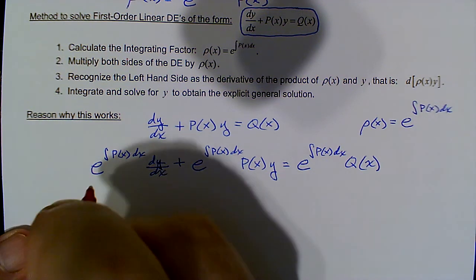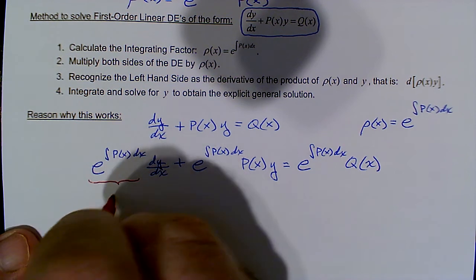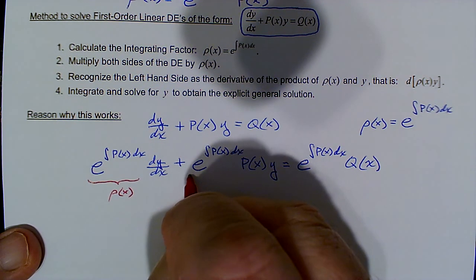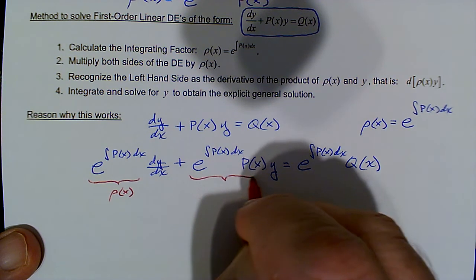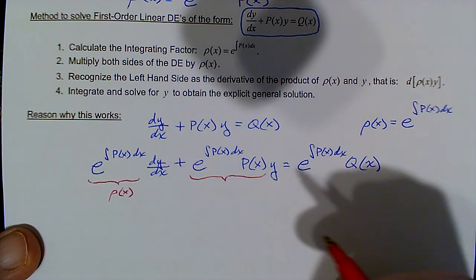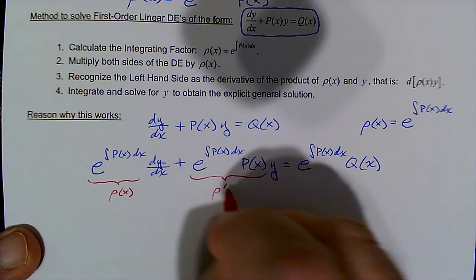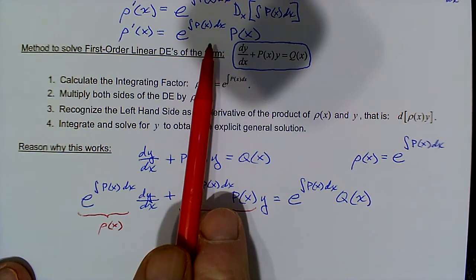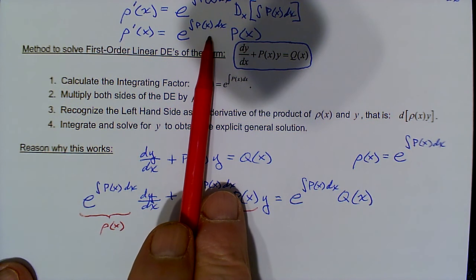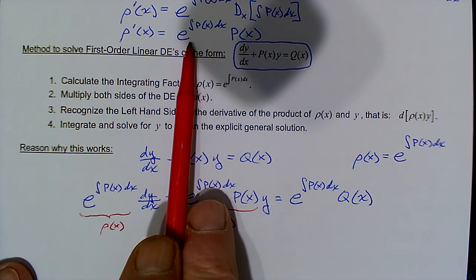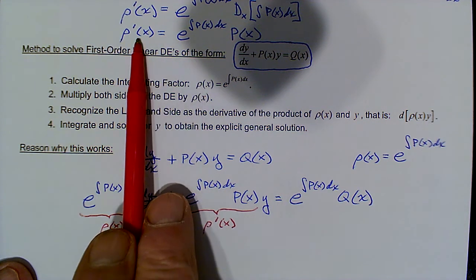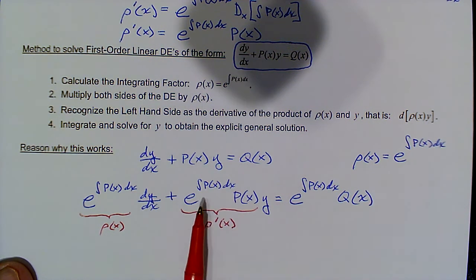So I'm going to replace this by rho of x, but notice that e to the integral of p of x with respect to x times p of x is actually rho prime of x, which we had proven up here. Remember the special property that the integrating factor has: its derivative is itself times p of x. So that's rho prime of x.